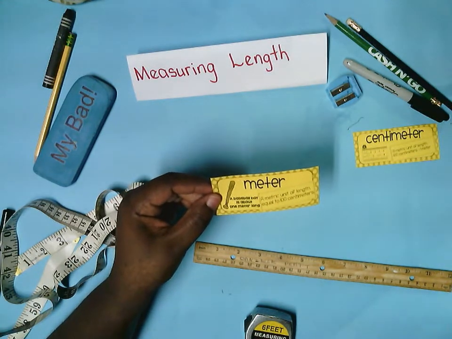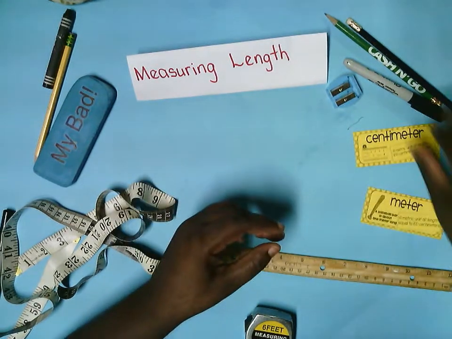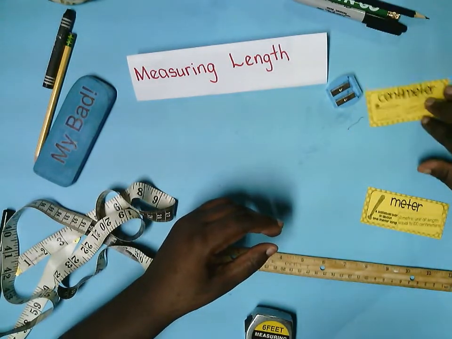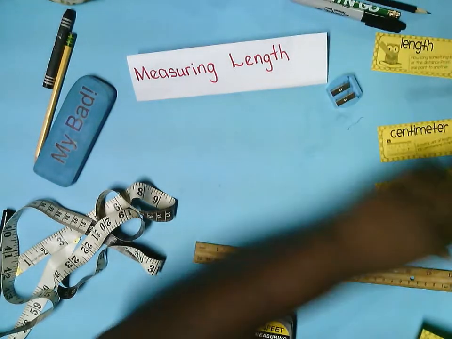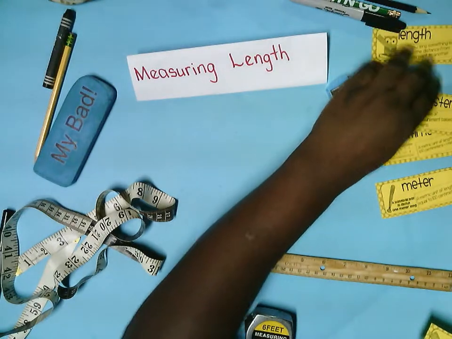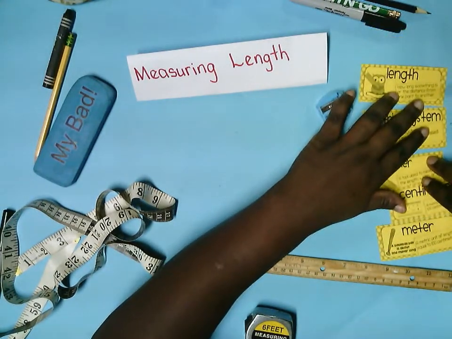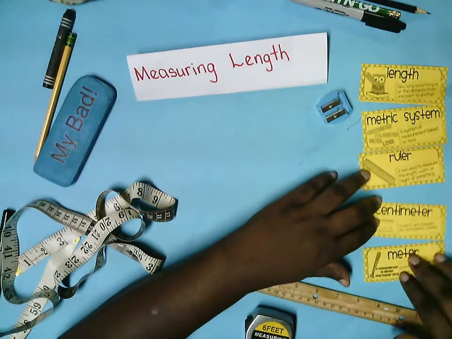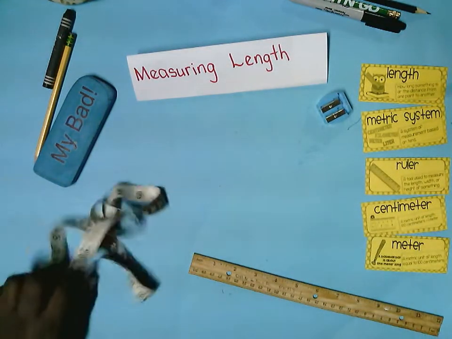Or from your doorknob to the floor is about a meter long. So those are some of the words that we're going to see: centimeter, meter, length, metric system, ruler. We're going to see these words as we progress some more.